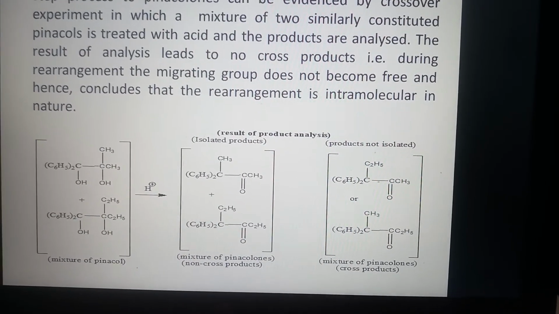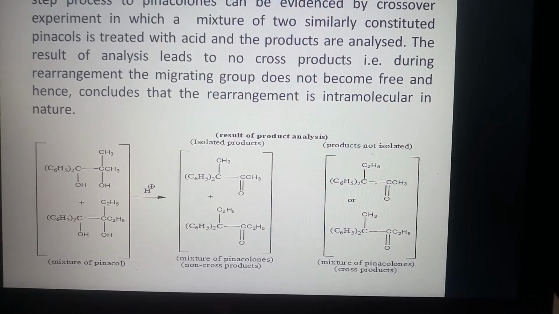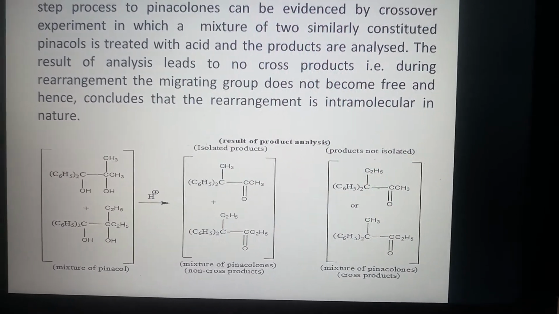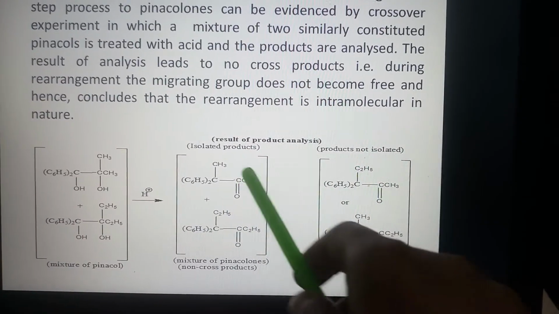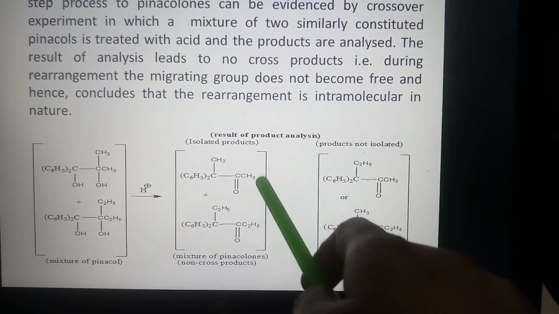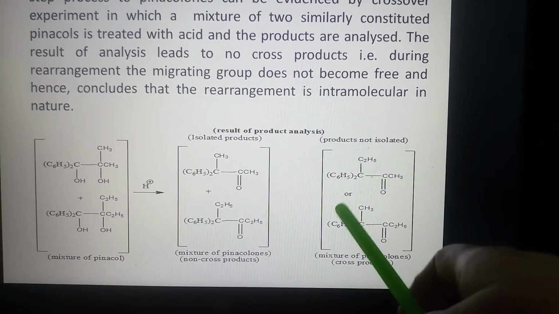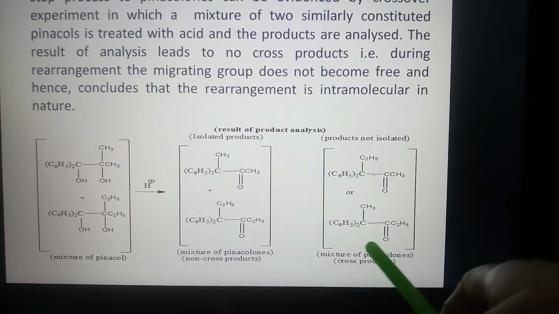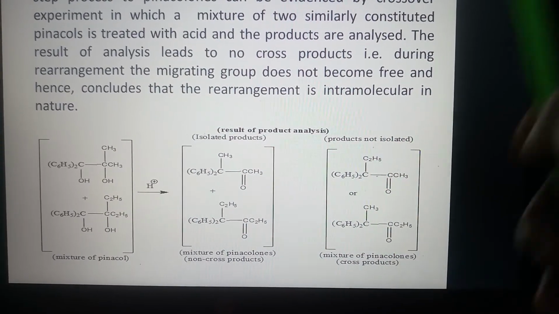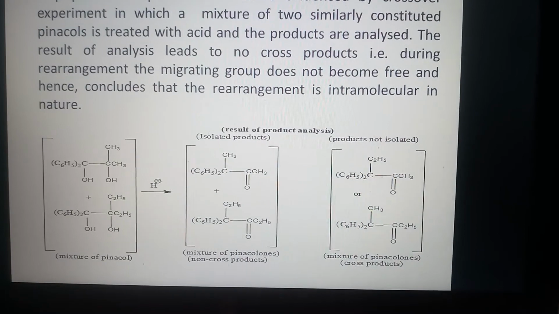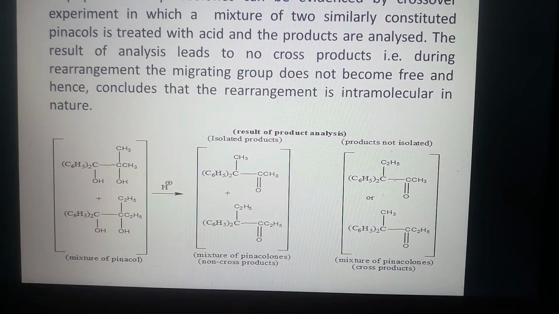The result of analysis leads to no cross products. These are the isolated products with no cross products, and we have not isolated this type of cross products. So it concludes that the rearrangement is intramolecular in nature.